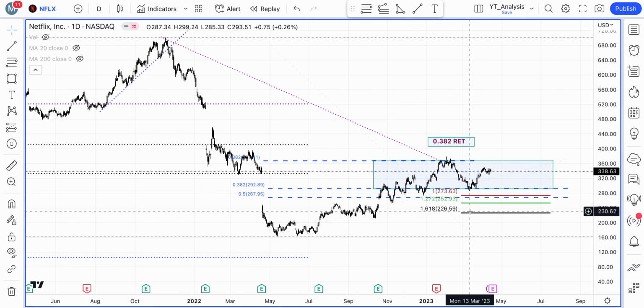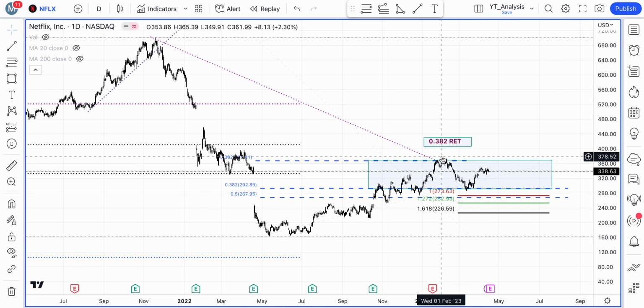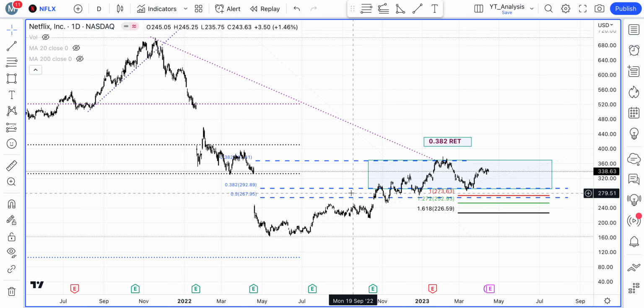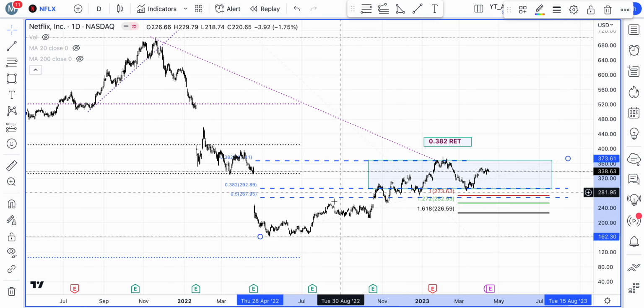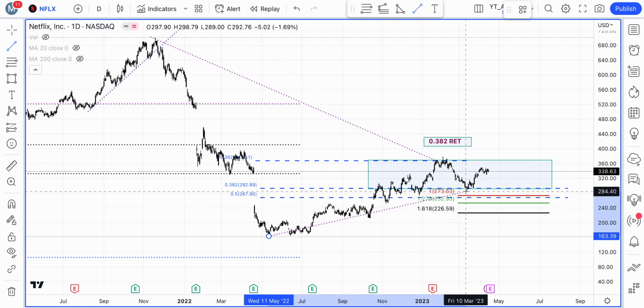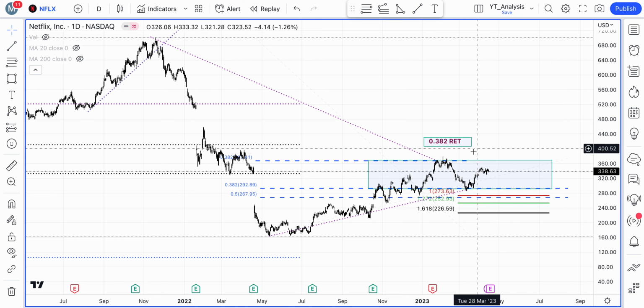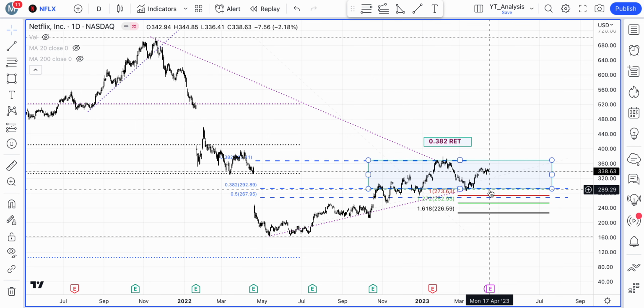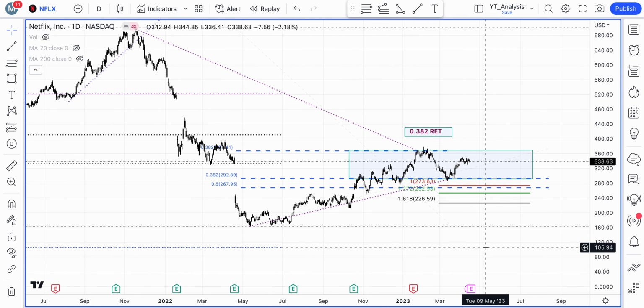What the stock has done is retrace right into the 38.2% Fibonacci retracement, coming all the way from here. So let me draw a line like this, and all it has done is form quite a big range. I think it's about $30, no, more than that actually. Yeah, it's nearly about an $80 range so far.